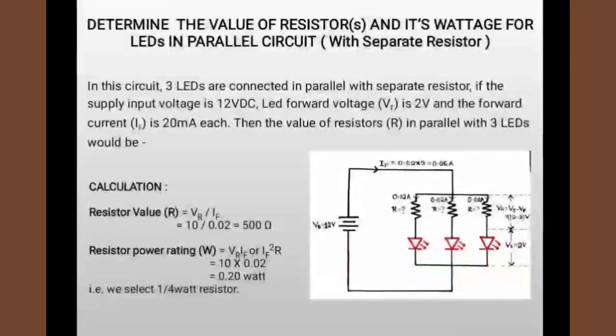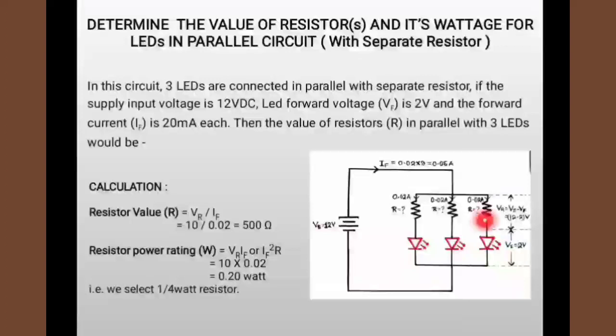There is another way to connect 3 LEDs in parallel with a separate resistor. Here every circuit parameter is the same as the previous circuit. The only difference in this parallel circuit is that we are finding the value of the resistor for each parallel path, not for the whole circuit. So in each path the current becomes in series.